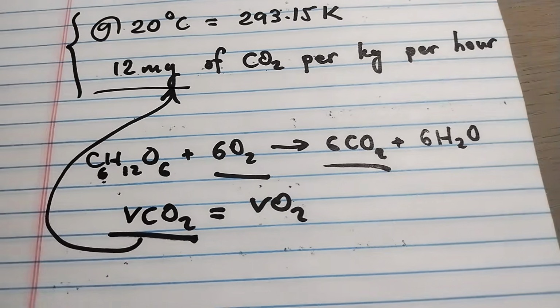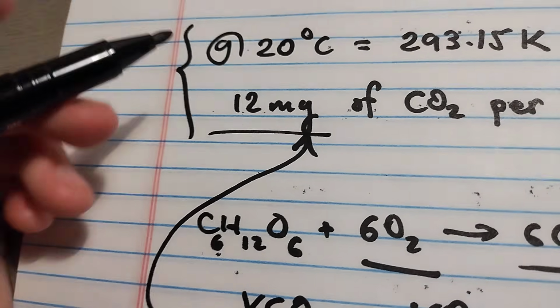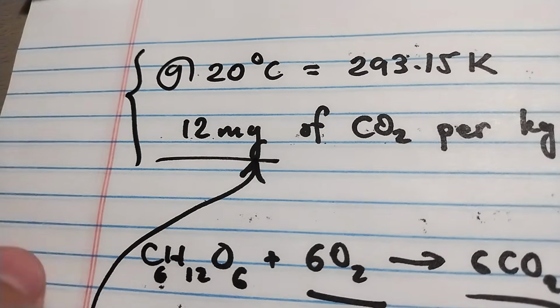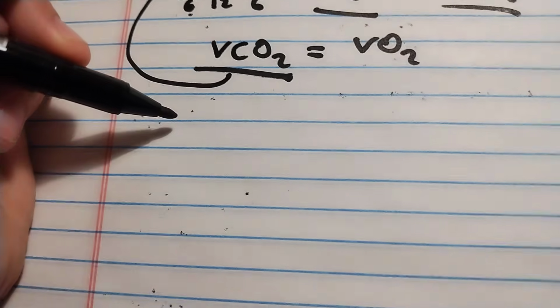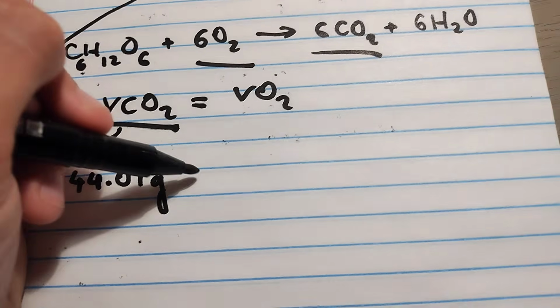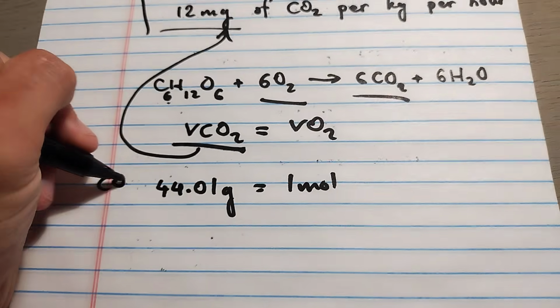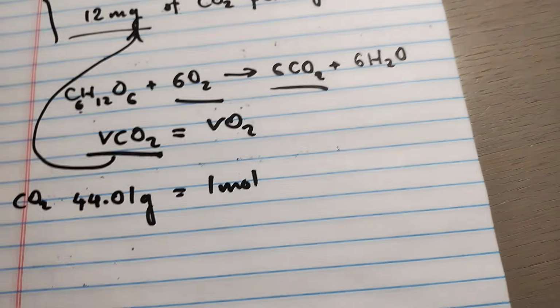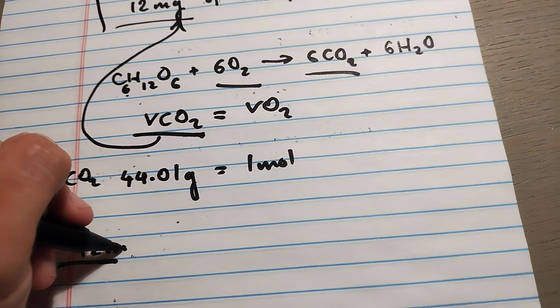So in order to investigate this, it's more helpful to convert the milligrams into moles. So we know that for carbon dioxide, 44.01 grams equals 1 mole. So to convert this to moles, it's essentially just 12 mg divided by 44.01 g.